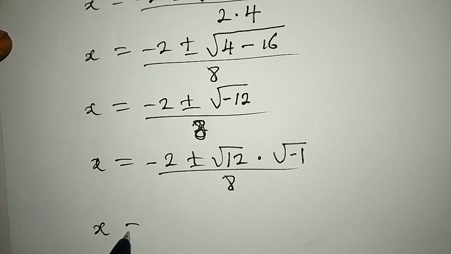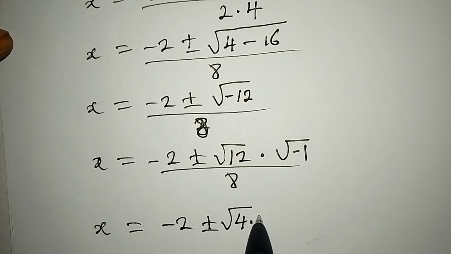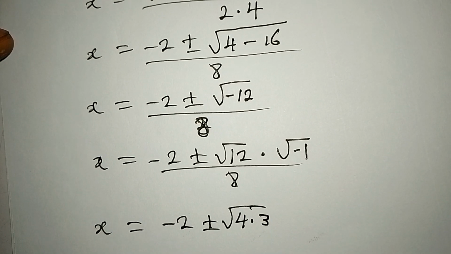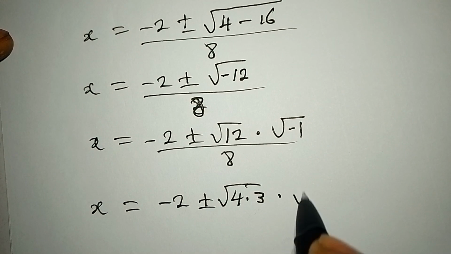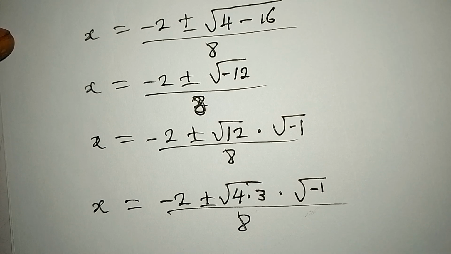Now x is equal to minus 2 plus or minus the square root of 4 times 3, because 12 is 4 times 3, then multiplied by the square root of negative 1, over 8.